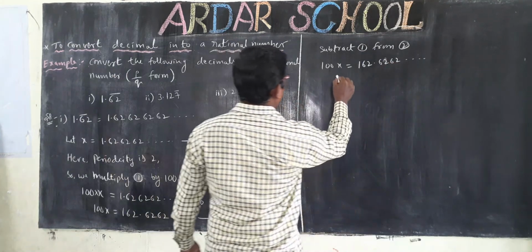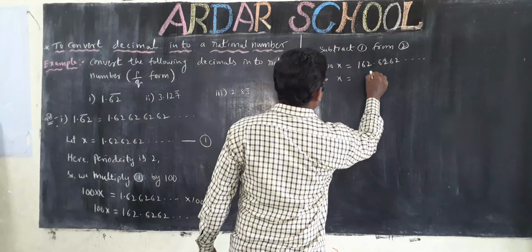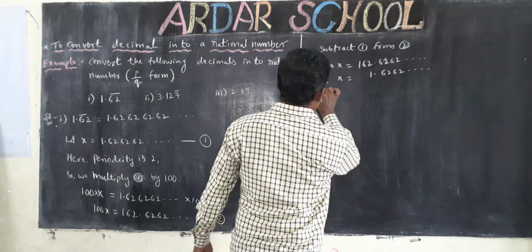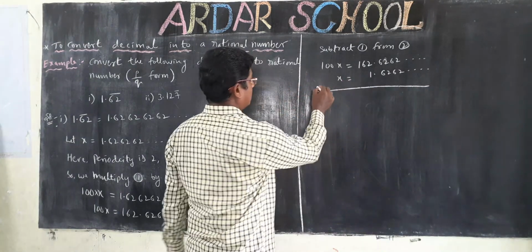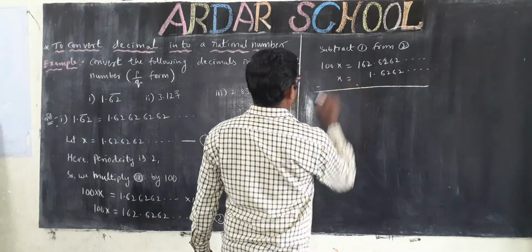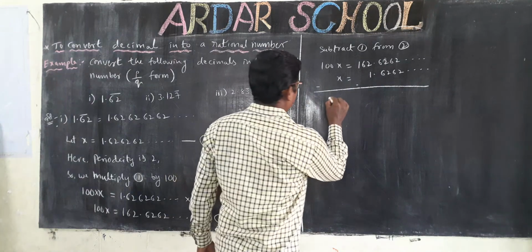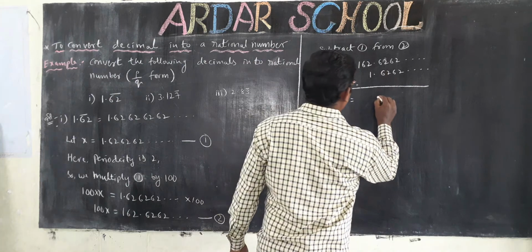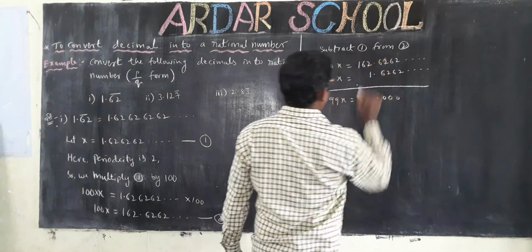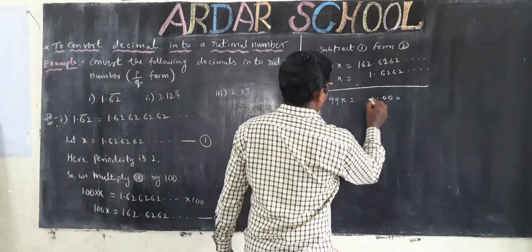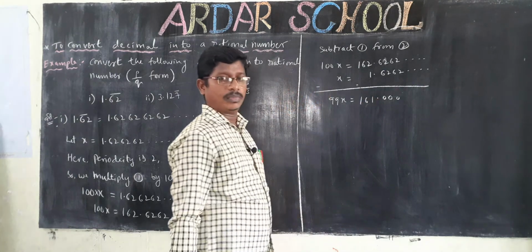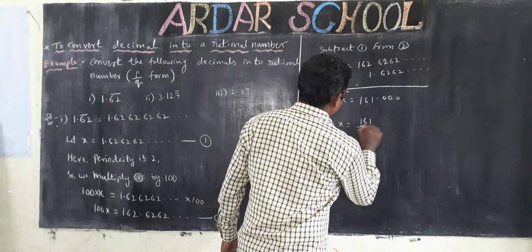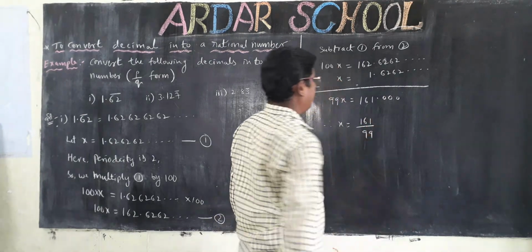Equation 1 is x equal to 1.6262 and so on. Now subtract these two. 100x minus x is 99x, equal to: the decimals cancel, 0, 0, 0, and 162 minus 1 is 161. Therefore x is equal to 161 by 99.